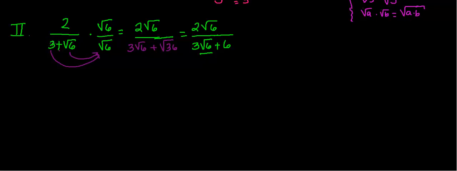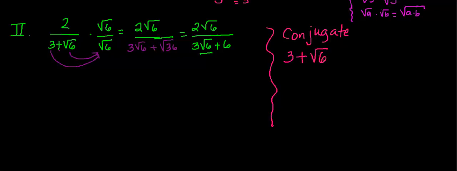Whenever you have a sum or a difference involving a radical, we need to multiply by the conjugate. And here's what the conjugate is. If your denominator is 3 plus the square root of 6, your conjugate is going to be 3 minus the square root of 6.